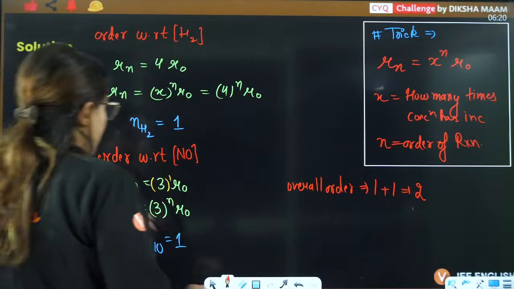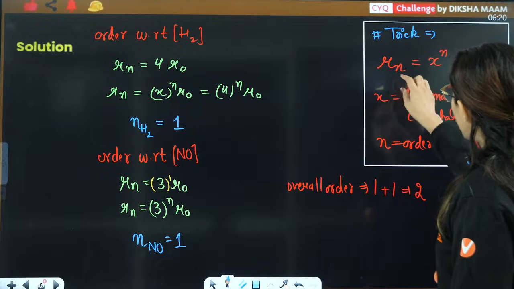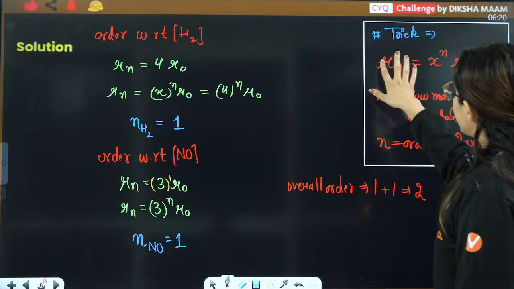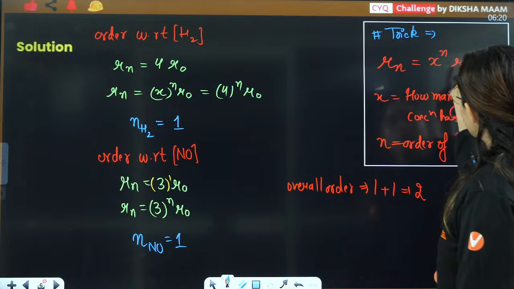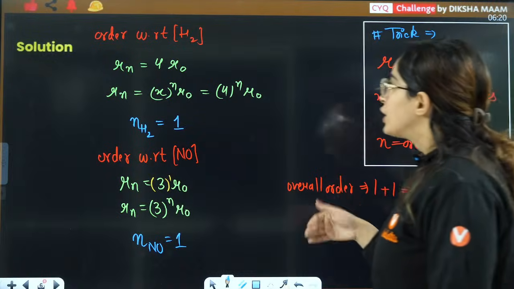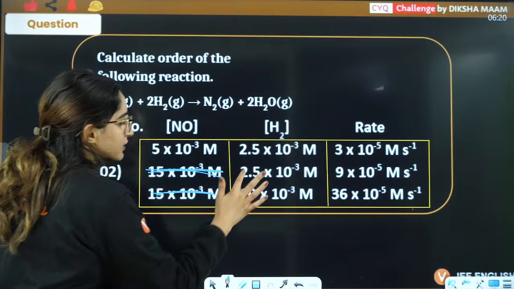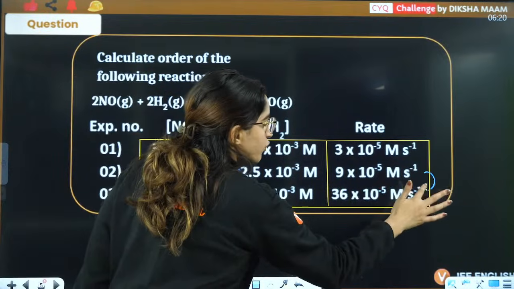Okay, I'll do that. Just remember that whenever it is written, rate new is equal to x raised to power n of rate old, you will just see here how it is varying. When this is constant, this is 4 times, this is also 4 times.